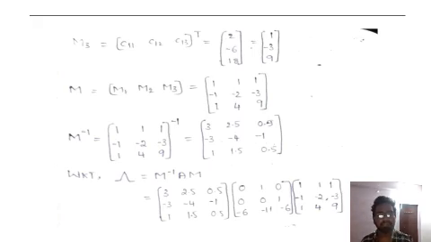And here M1 M2 M3, let us arrange this in a matrix. M equal to the matrix of 1 1 1, and next minus 1 minus 2 minus 3, and 1 4 9.